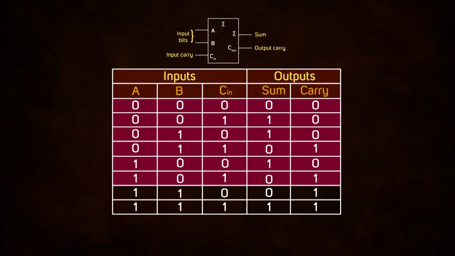If inputs A equal to 1, B equal to 1 and C in equal to 0, outputs sum equal to 0 and carry equal to 1. And if inputs A equal to 1, B equal to 1 and C in equal to 1, the output sum becomes 1 and carry becomes 1.